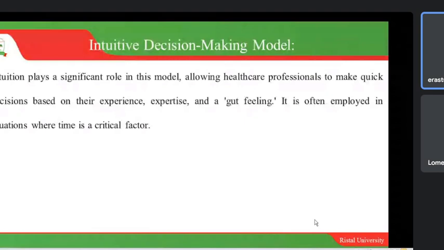Some of them are mentioned here. The strength, of course, is that it is going to make your decision very fast, and it happens because of personal experiences and expertise.